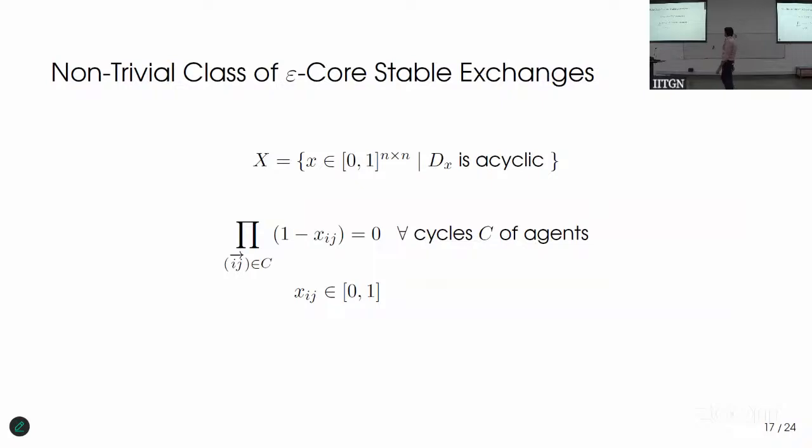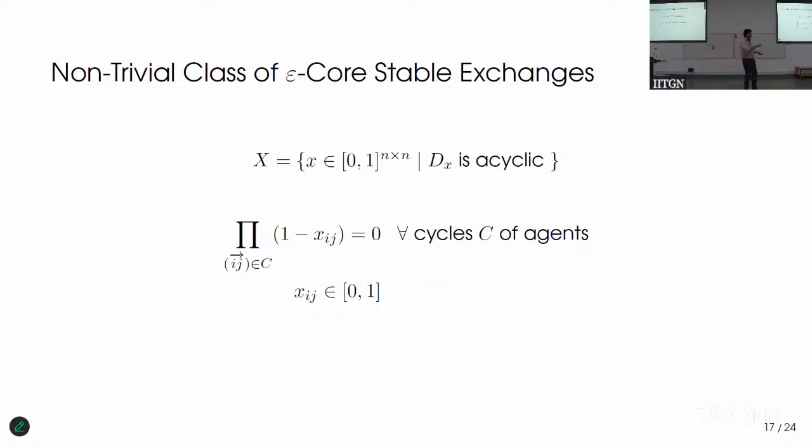All right, so how do we algebraically characterize this exchange? Here's the characterization. Your Xij lies between 0 and 1, and you take any cycle of agents, where these are the cycles in the dependency graph. I want the product of (1 minus Xij) over the cycle to be equal to 0.